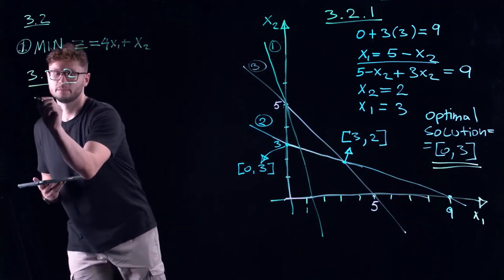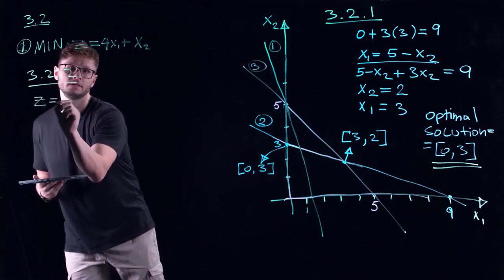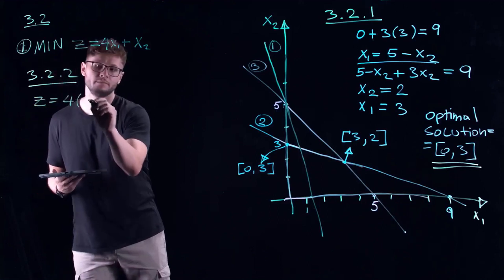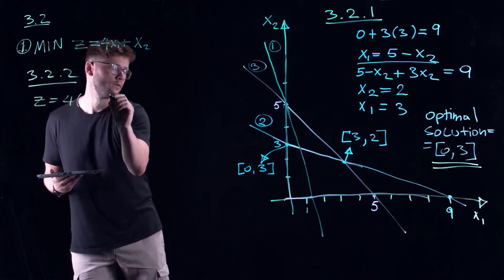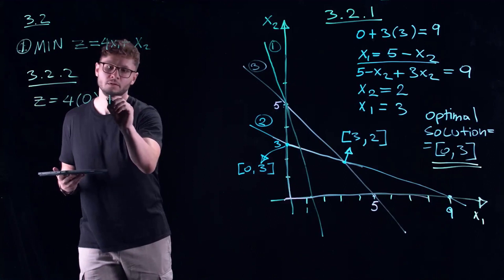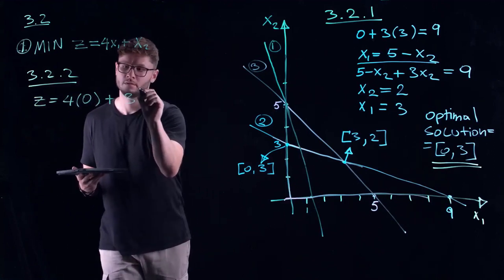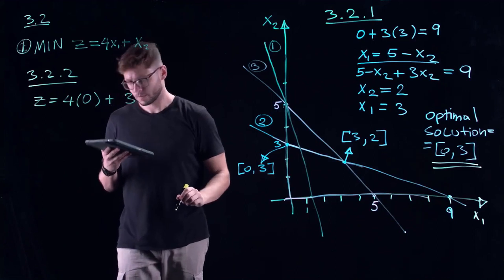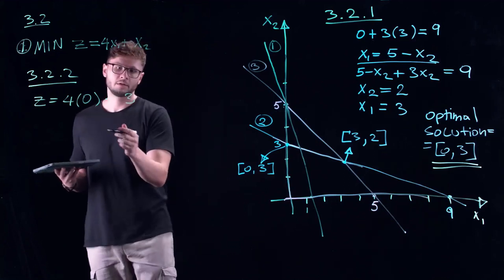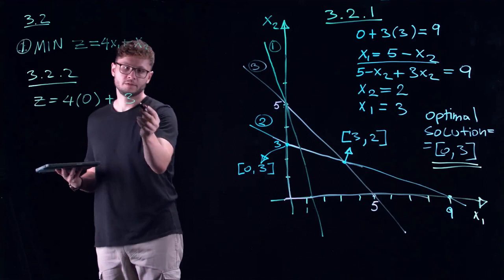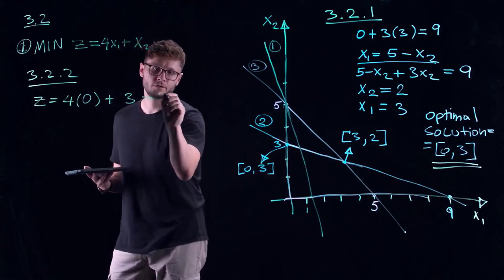So let's go ahead and do that. So we're going to have z equal 4 times 0 plus 3. Here we clearly see that 4 times 0 plus 3 is going to give us the value of 3.